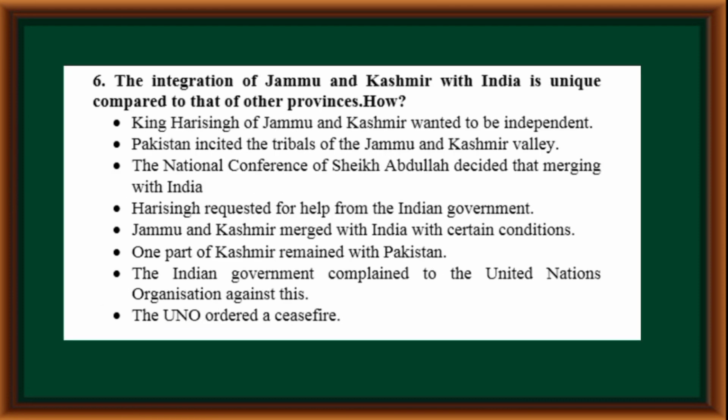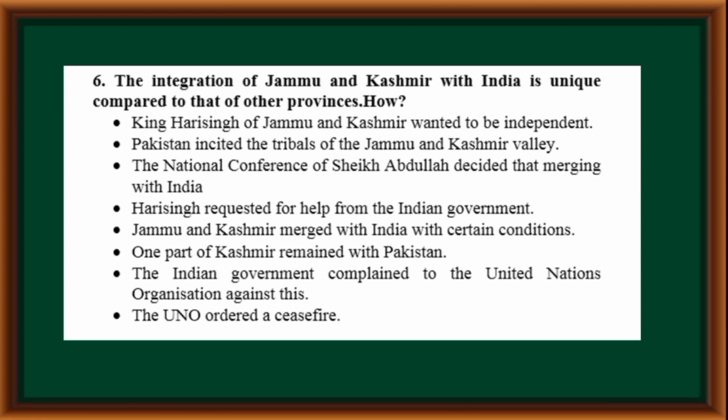The integration of Jammu and Kashmir with India is unique compared to that of other provinces. How? King Harisingh of Jammu and Kashmir wanted to be independent. Pakistan incited the tribals of Jammu and Kashmir Valley. The National Conference of Sheikh Abdullah decided to merge with India.